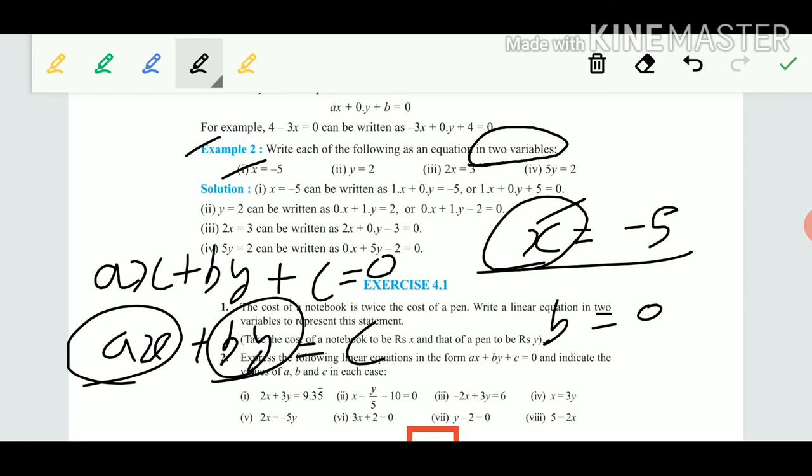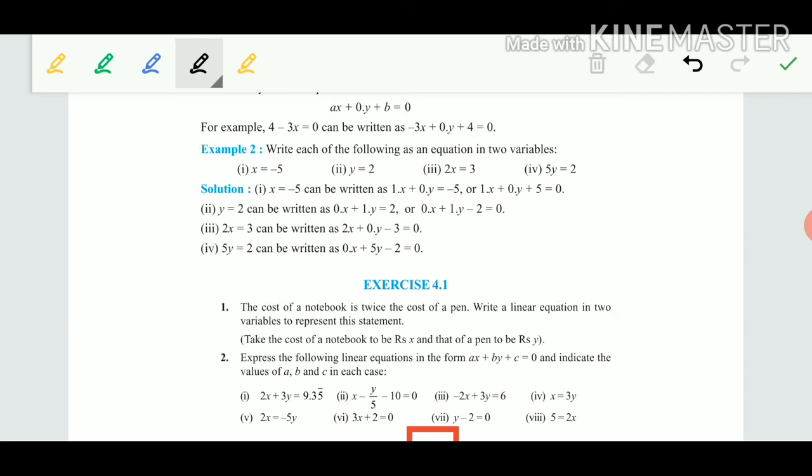So we can write it in the form of x is given, x coefficient is not given, so its coefficient is 1 into x. Y variable is not given, it means the coefficient of y is 0. When only x value is given, it means coefficient of y is 0. When only y value is given, it means coefficient of x is equals to 0.